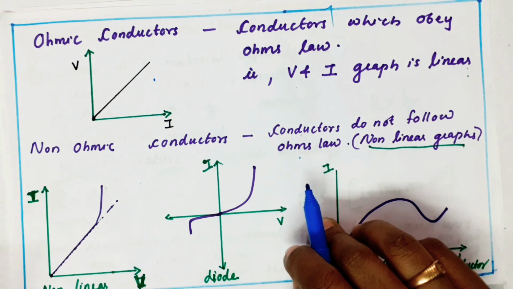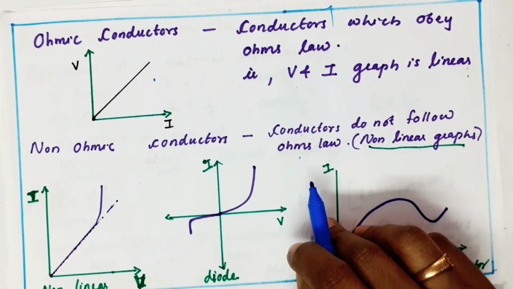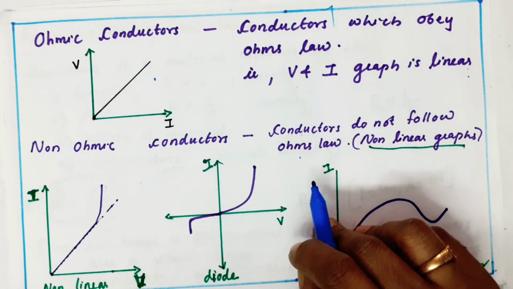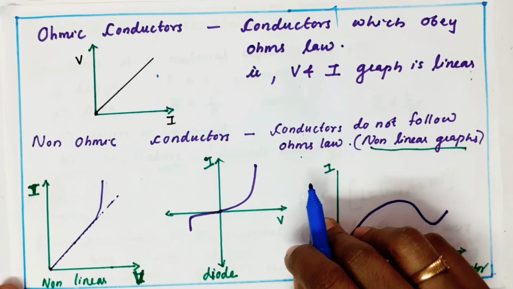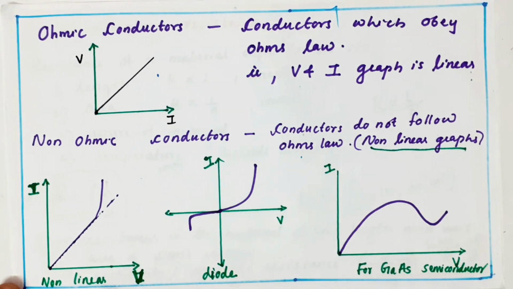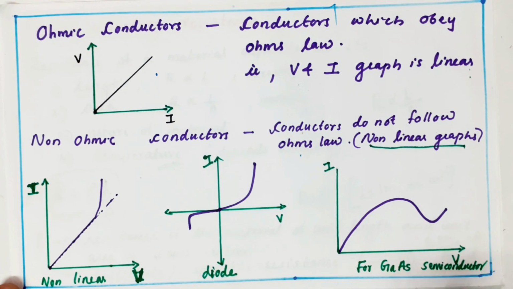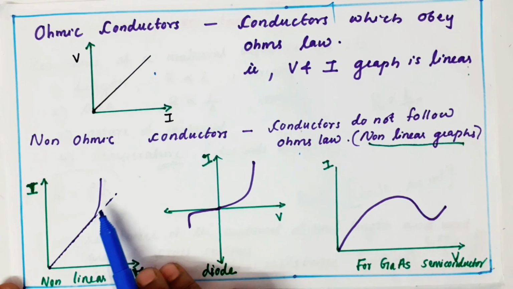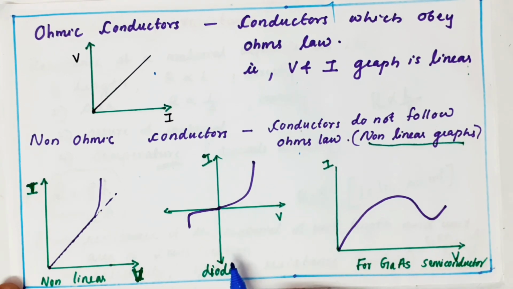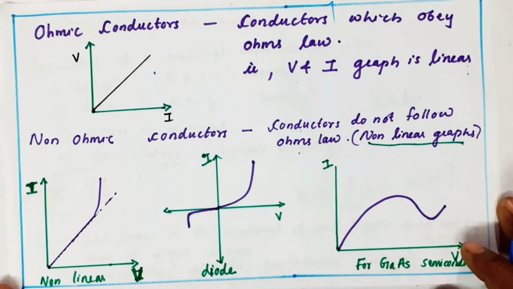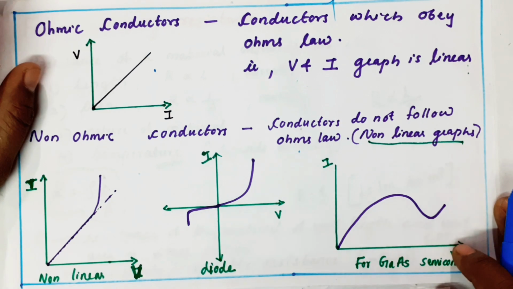There are many other elements which do not follow our Ohm's law. Okay, the devices we are using in electronics and all, or electronic devices. I'm just giving some names, no need to worry. Some graphs show non-linear nature, like a diode, gallium arsenide, like that semiconductor devices, they won't follow our Ohm's law and we don't get a straight line.